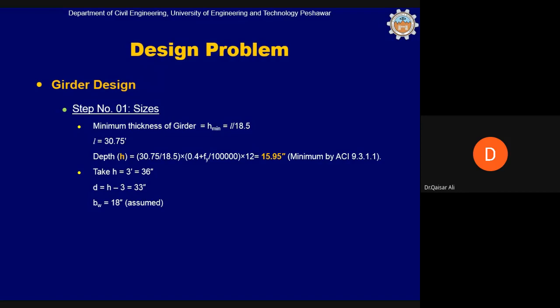And finally, when you check the deflection of the girder beneath the locations where it supports the beams, you may find out that the deflection is more than the permitted deflection given by the ACI code.